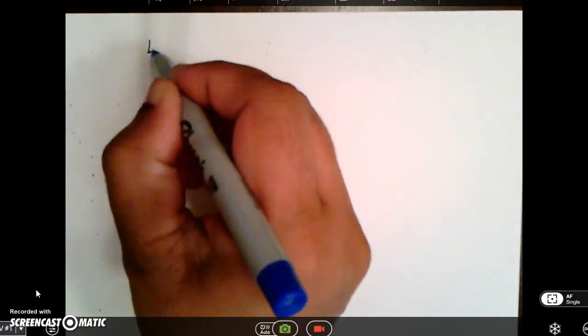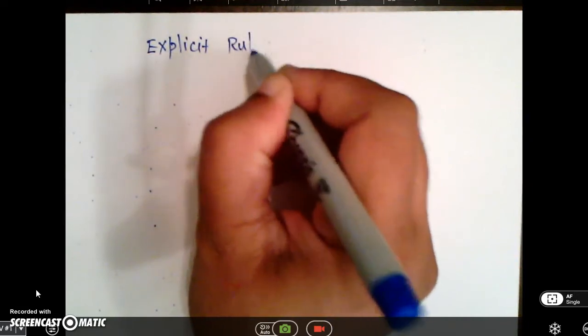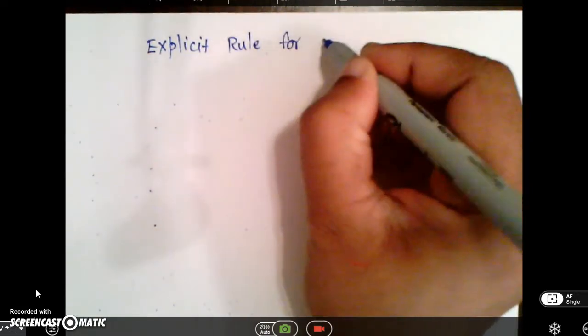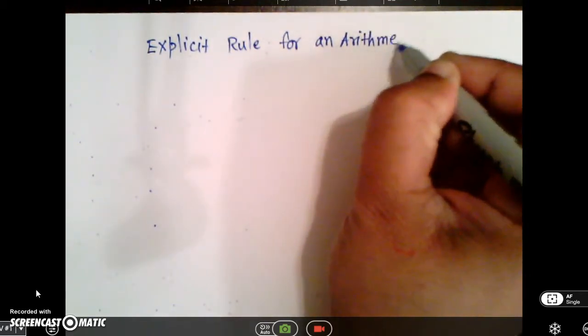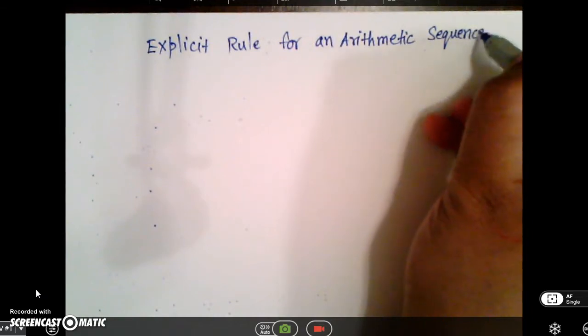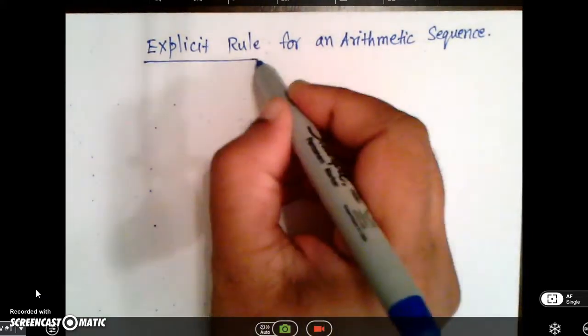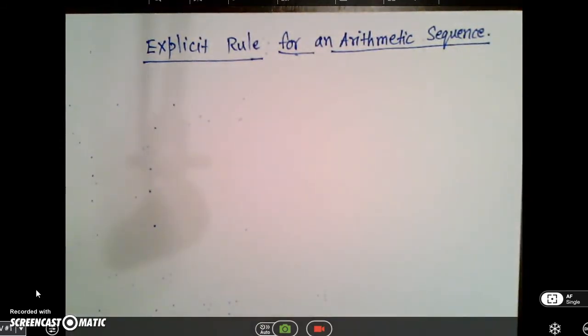Let's write an explicit rule for an arithmetic sequence. The book gives you a formula to write the rule, but we need to understand how we got the formula, so you don't have to memorize the formula.